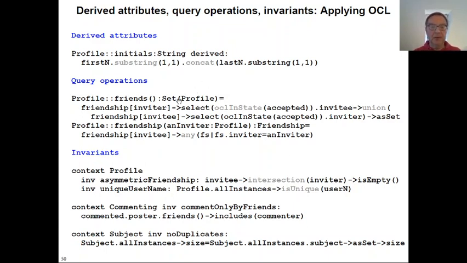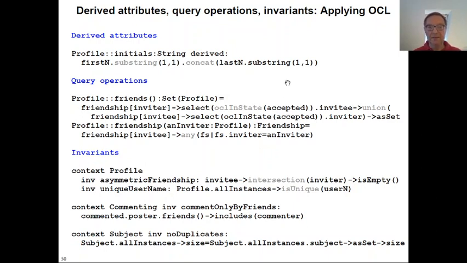For the query operation friends, the intention is: I want to imagine I am a profile, a person participating in a social network, and I want to know my friends, namely those with which I have a friendship that is in the accepted state.